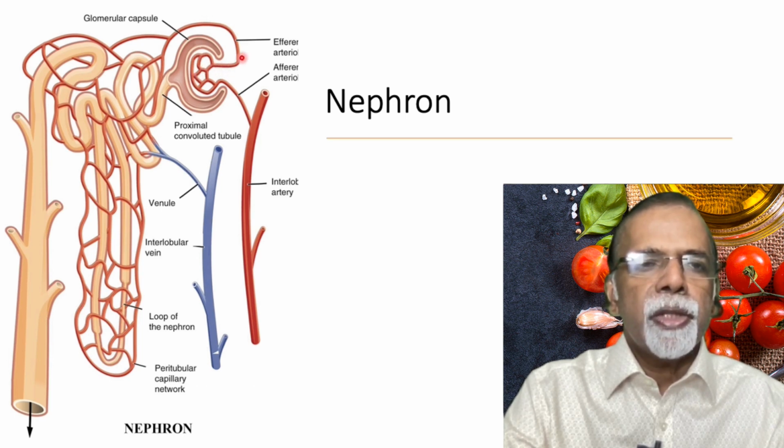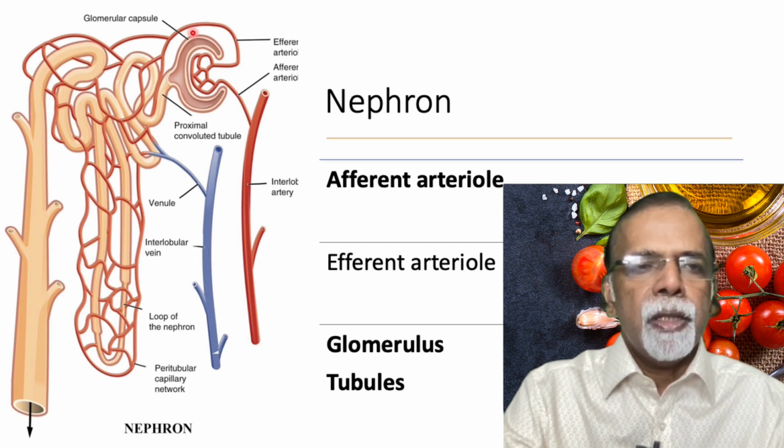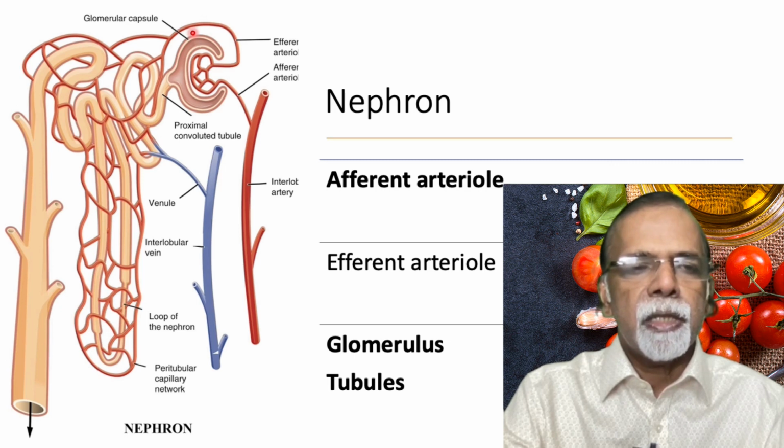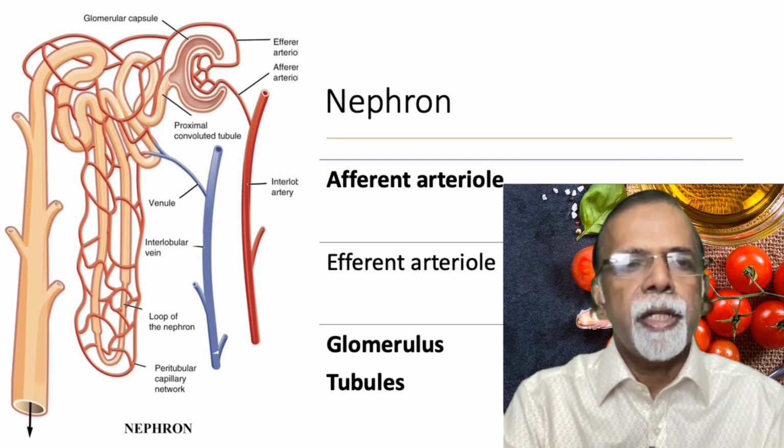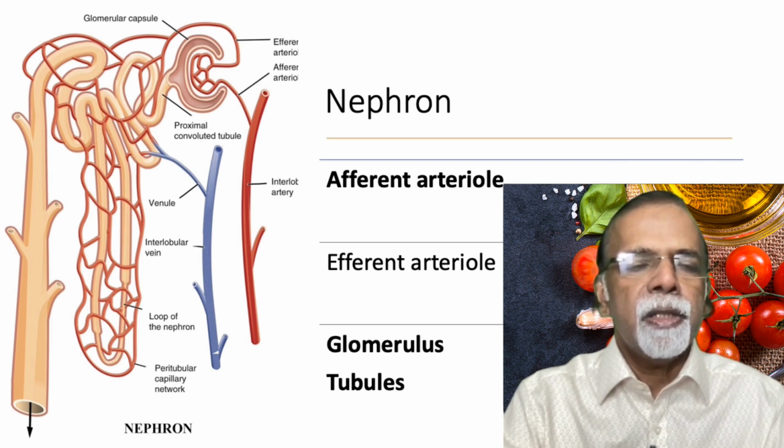And the artery which is going out is the efferent arteriole. That is, entering is the afferent arteriole and exiting is the efferent arteriole. A comes before E, so remember A is the arteriole that is entering. One peculiarity is that it is the only place where an arteriole forms a tuft and then again an arteriole, that is, the afferent arteriole leads on to the efferent arteriole rather than a venule.